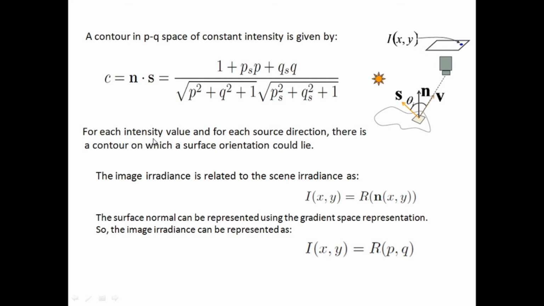Now for each intensity value and for each source direction, there is a contour on which a surface orientation could lie.